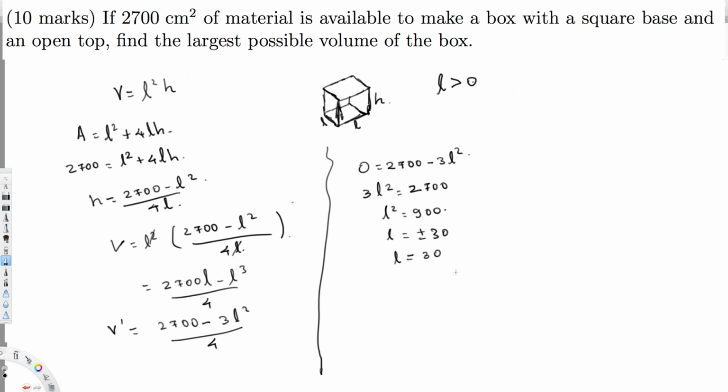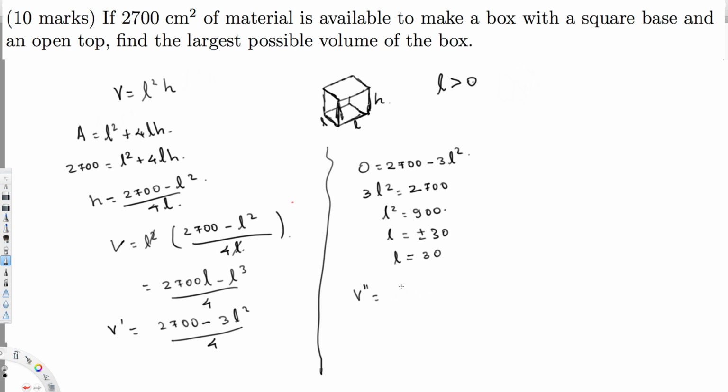Now we have to make sure whether this is an absolute minimum or absolute maximum. To find that, we can find the second derivative of this equation. V double prime is going to be equal to 2700 over 4 minus 3L squared over 4. The 2700 term is going to become 0, so we don't have to worry about that.